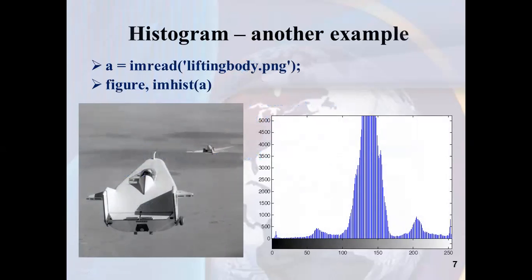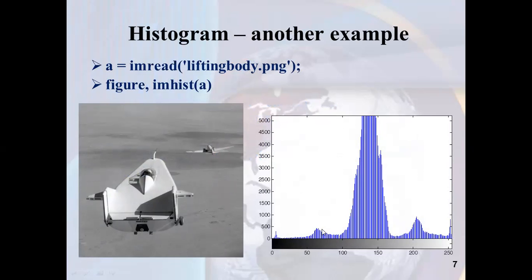This is another example using a histogram. Here we can see that we have three peaks. The middle peak, which is the majority of pixels, is the background, which is the view of the land.